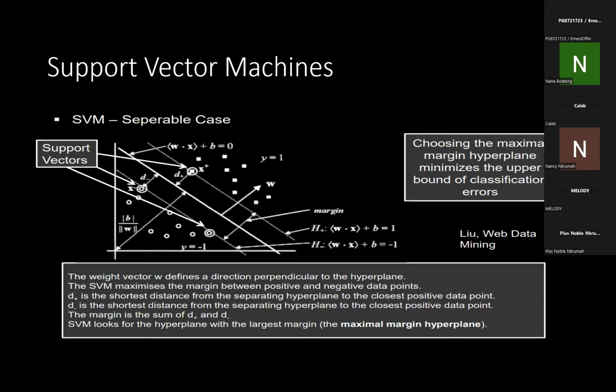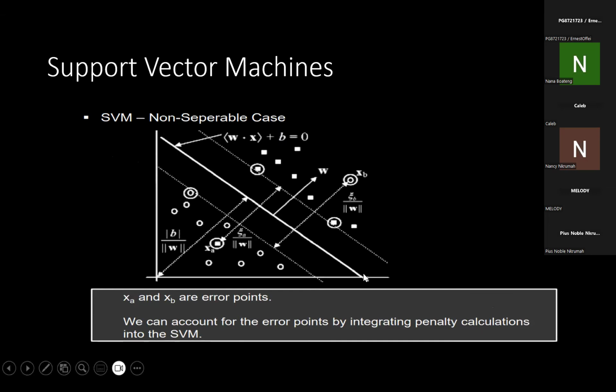Some data sets are non-linearly separable cases. In such instances, if you use a linear function to classify them, you will make errors. So here you see a typical case of a non-separable case. Some of the square data points are found in the region where you have the round data points.